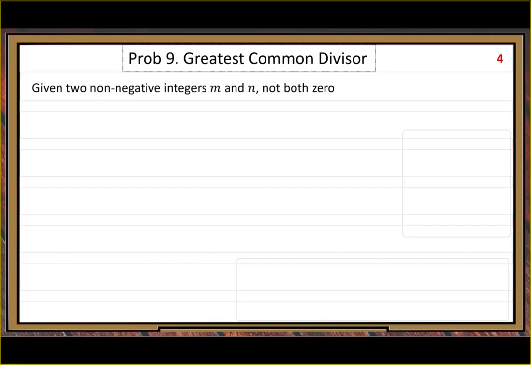Definition of the question. Given two non-negative integers m and n, each one greater or equal to 0, but not both 0. This is an assumption.